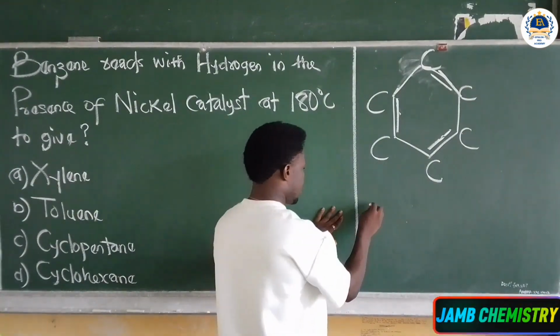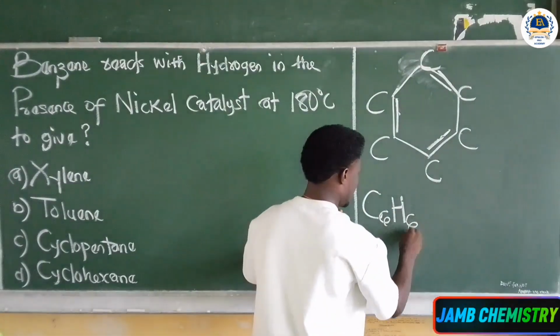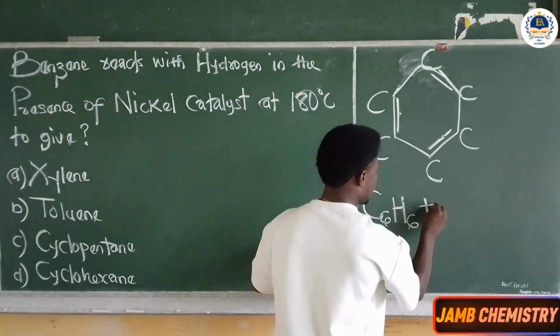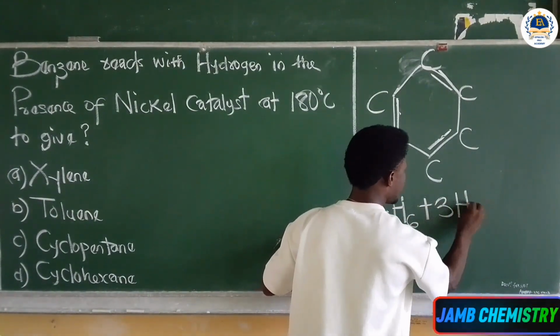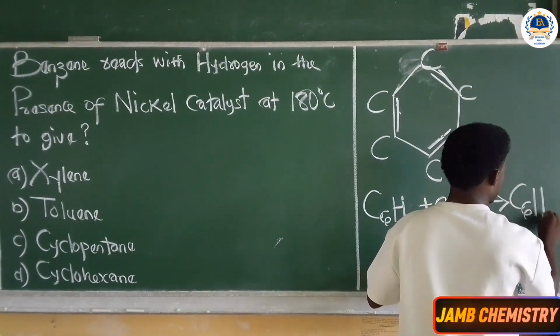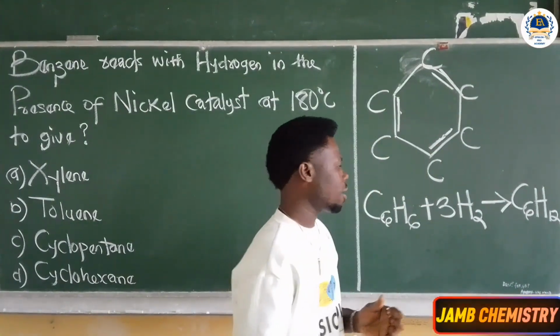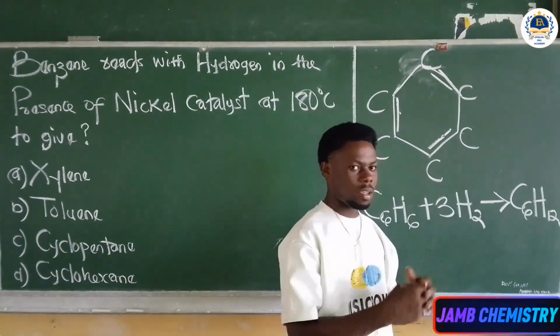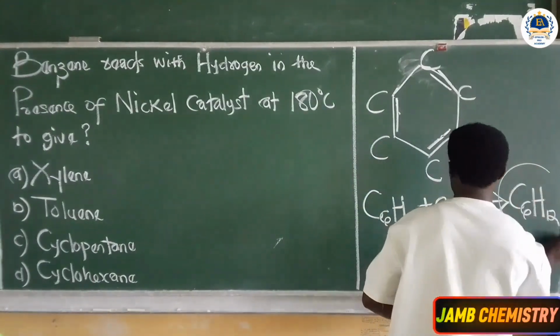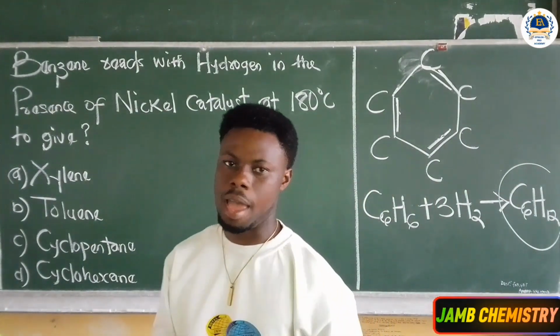So when this ring, which is C6H6, reacts with 3 molecules of hydrogen gas, it will yield C6H12. So the correct option is cyclohexane, and the correct option is option D. It's going to give a cyclohexane.